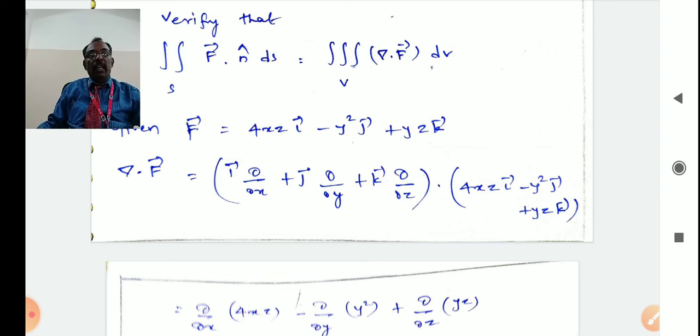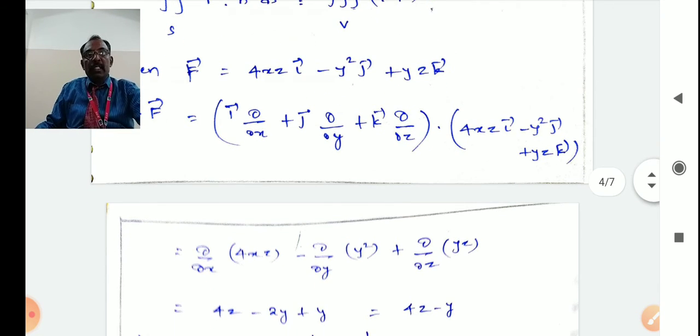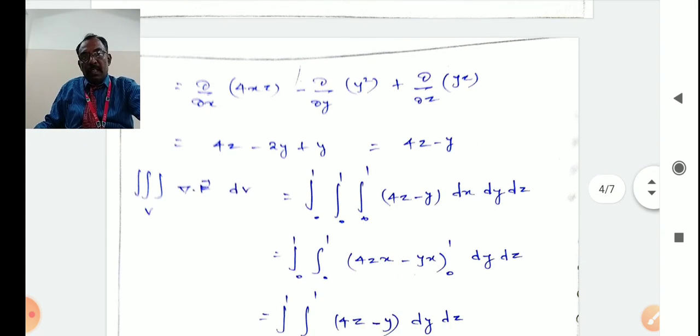Formula: del dot f vector is i vector dou by dou x plus j vector dou by dou y plus k vector dou by dou z, dot f vector, which is very clear, 4xz i vector minus y square j vector plus yz k vector. Now we do the dot product in RHS. So dou by dou x of 4xz plus dou by dou y of minus y squared plus dou by dou z of yz.